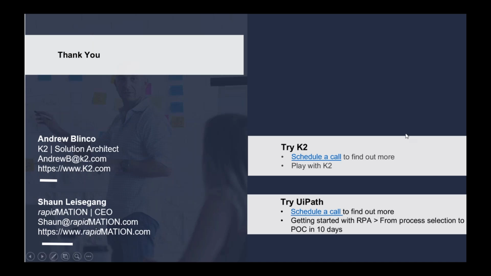Just one question at the moment: how does K2 integrate with UiPath? UiPath has a REST service that K2 has the ability to integrate with. Essentially it's setting up a Swagger file.